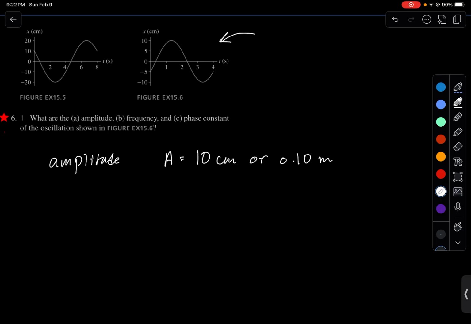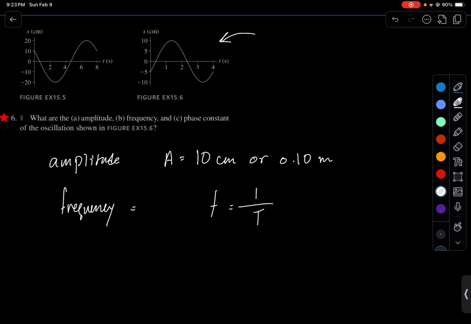Okay, so we found the first one. Let's do the second one, the frequency. To find the frequency, we need to remember one of the equations. Frequency is the inverse of period, which means the number of cycles per amount of time.